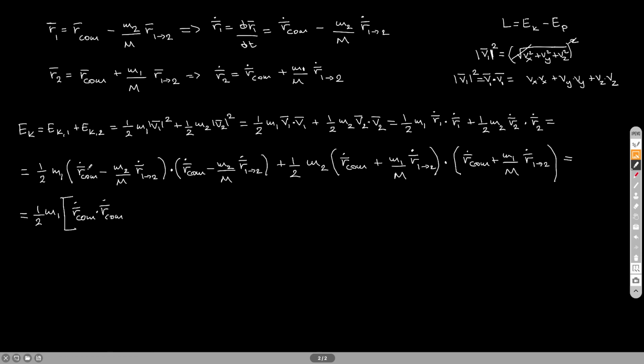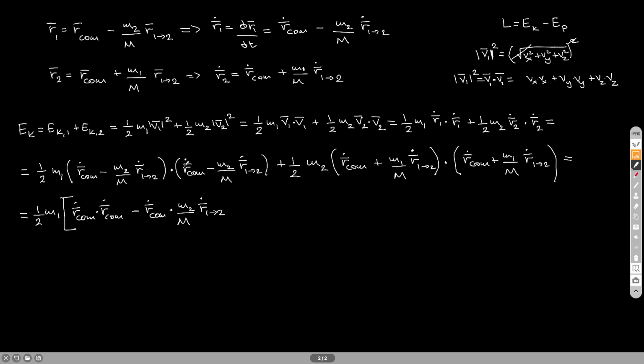And then I have this dot product with that, so it will be minus r COM dot, m2 over big M, the time derivative of the relative position vector.